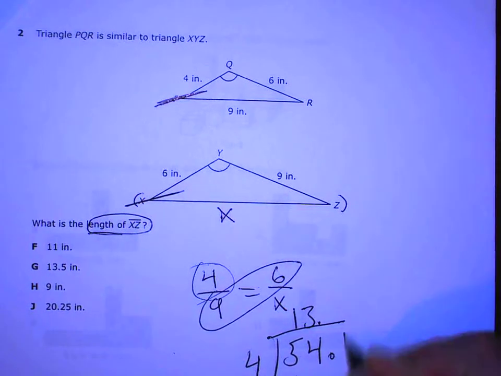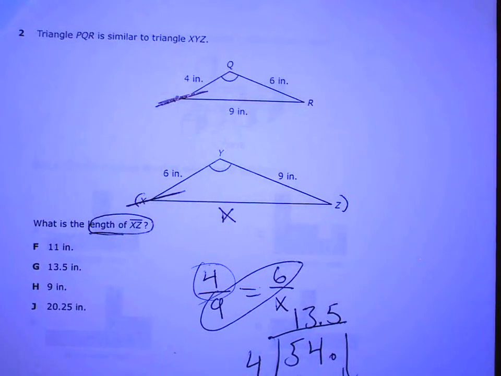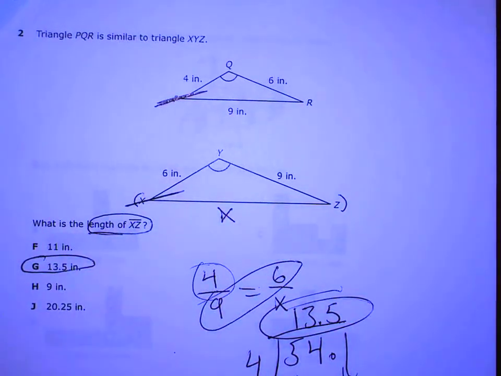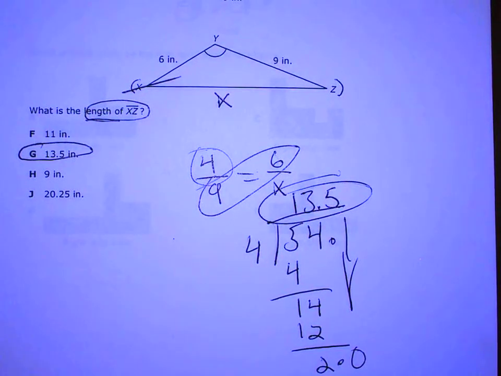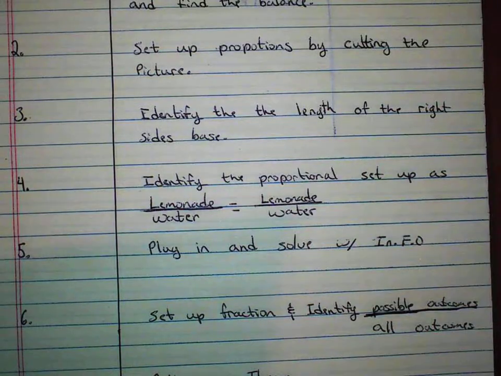Decimals, add a 0, bringing it down. 5. Zeroed out. 13.5. Answer is G. Sorry, let me move that up so you can see the work. Okay? You can actually do this work on your test if you want to.